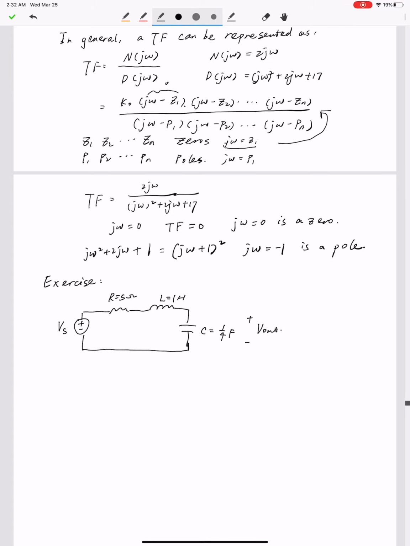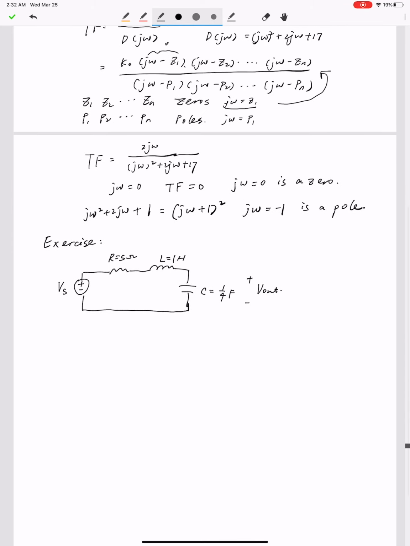Alright, so just like the example we saw before, we can define Vin as the source voltage, and Vout is the voltage on the capacitor. We can find the relationship of Vout and Vin by using the voltage division law, right? So that will be ZC divided by ZR plus ZL plus ZC. And then we just need to plug in the impedance of these three components.